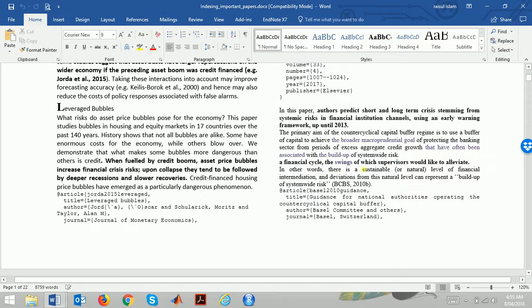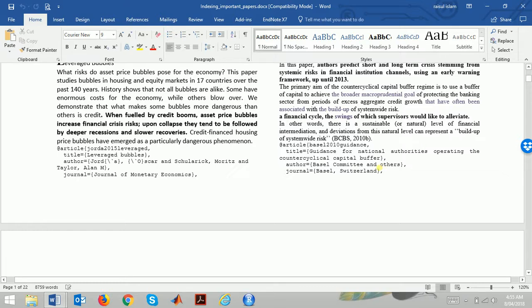The primary aim of the countercyclical capital buffer regime is to use a buffer of capital to achieve the broader macroprudential goal of protecting the banking sector from periods of excess aggregate credit growth that have often been associated with the build up of system-wide risk. A financial cycle, the swings of which supervisors would like to alleviate.